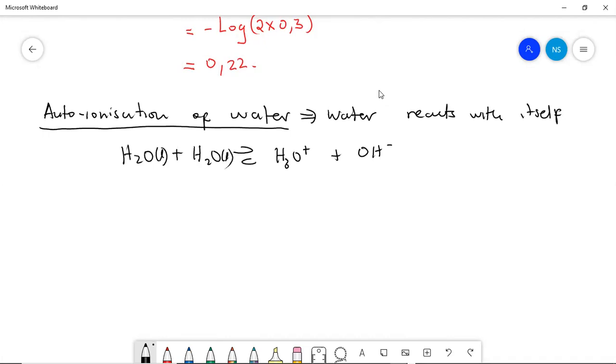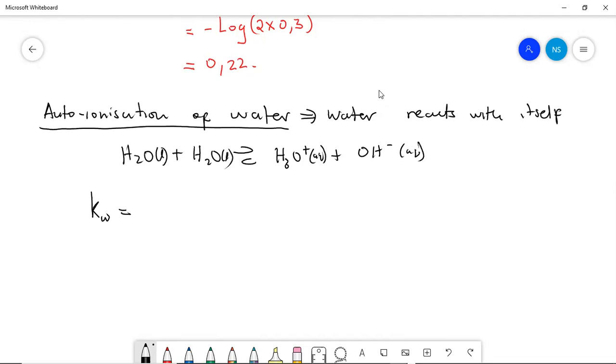So the equilibrium constant for the ionization of water is known as the Kw. Remember, if we have stuff in liquid state, it's not included in our equilibrium constant expression, because it's in liquid state. Therefore, we're going to have the ones that are aqueous.